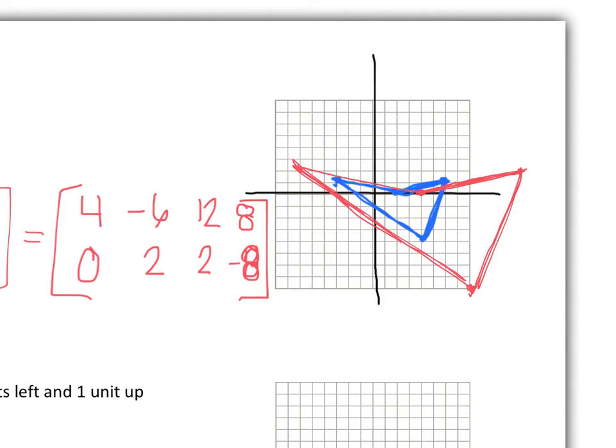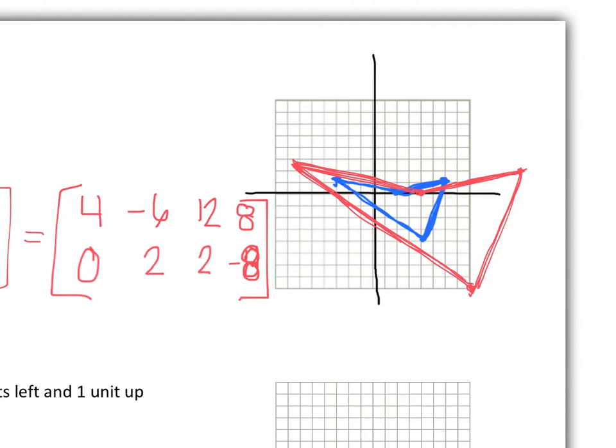So like I said, it should be the same shape, just bigger. If we had multiplied it by like a fraction or something, then it would have gotten smaller. Mine's kind of the same shape, I think.